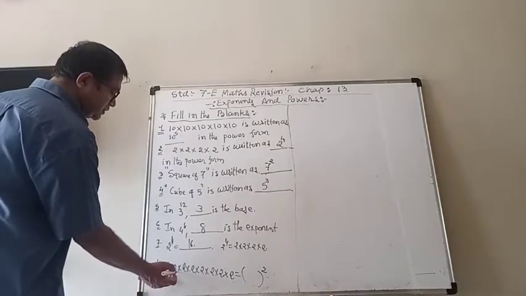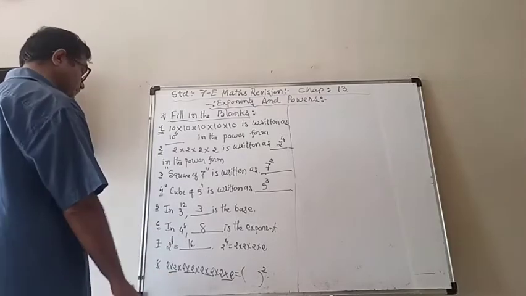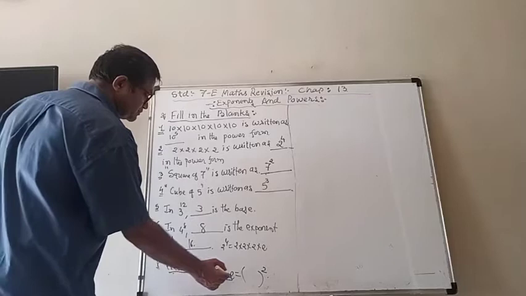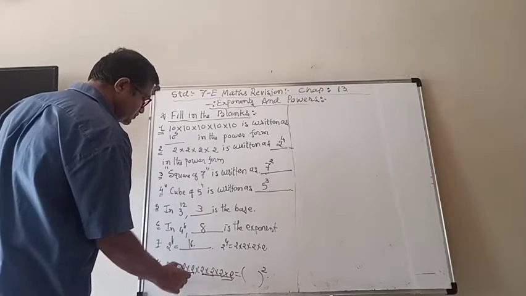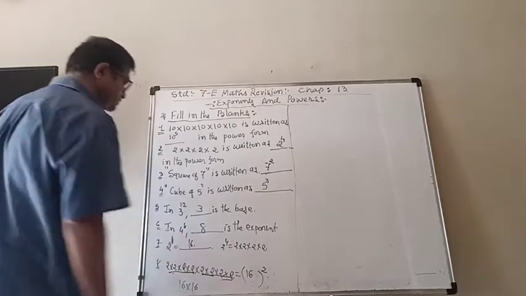Here you can see that it is 4, 4, 4, 4. But it is square. So we have to part them like that. Means 2 2s are 4, 4 2s are 8, 8 2s are 16 and again 16. 16 into 16. So it is square of 16.